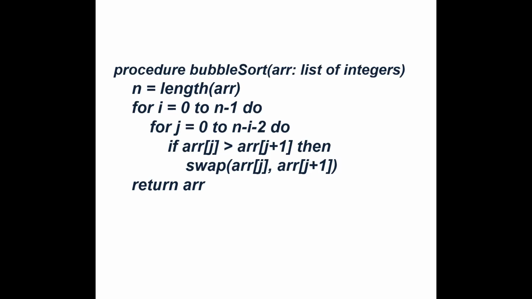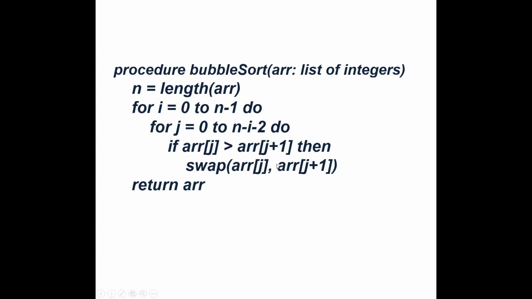So we compare the first number with the second number. If it is small, then swap. If it is greater, no need to swap. So the process will be repeated for i equal to 0, j from the second number to the last number, and when i becomes 1, from the third number to the last number, like that. Both the two for loops are used to compare the first element with all the remaining elements, the second element with all the remaining elements, the third number with all the remaining array elements.